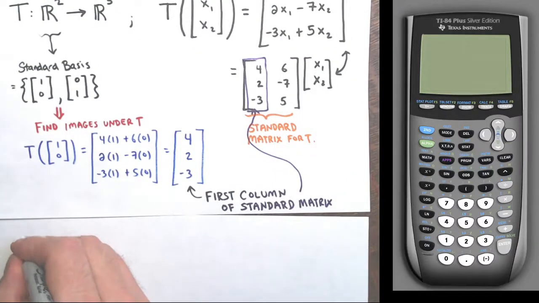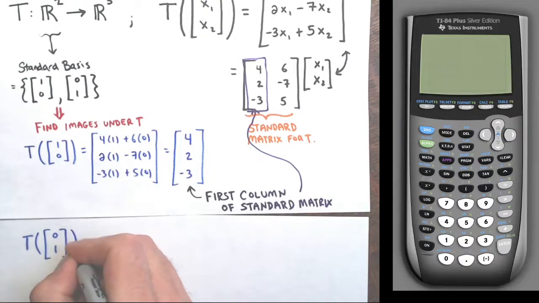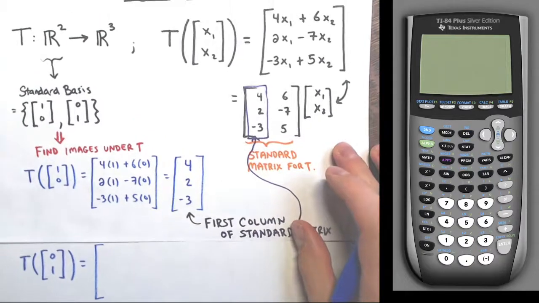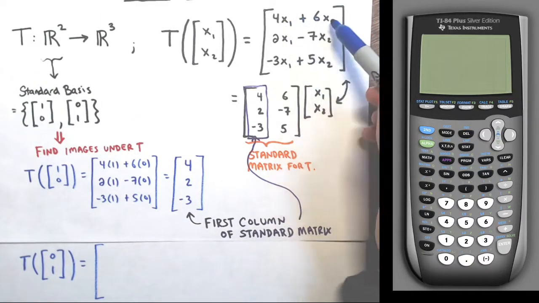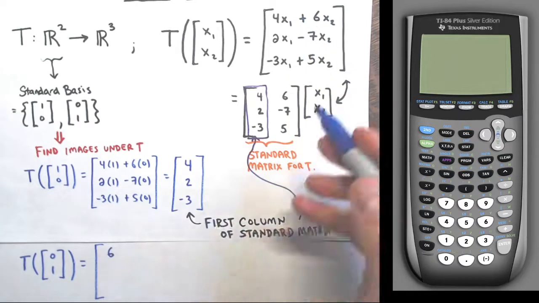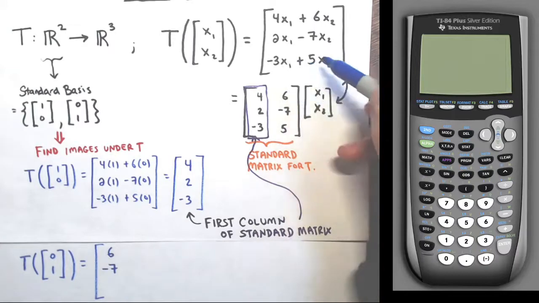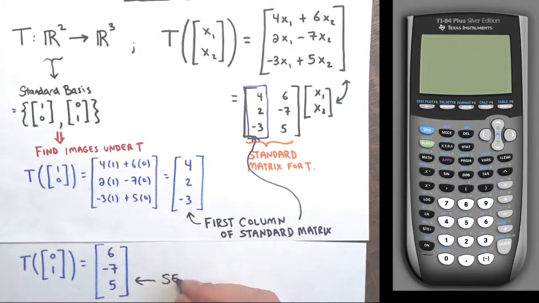T of 0, 1 is equal to, going back up here, replacing x1 with 0 and x2 with 1, you'd have 0 plus 6, 0 minus 7, -7, and then 0 plus 5, 5. And here is the second column of the standard matrix for this transformation.